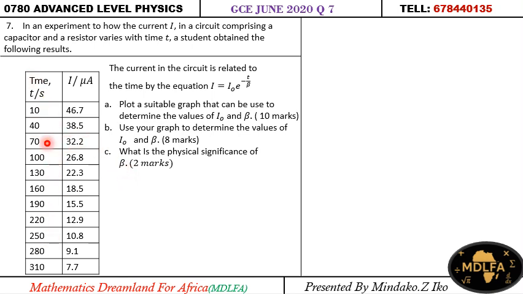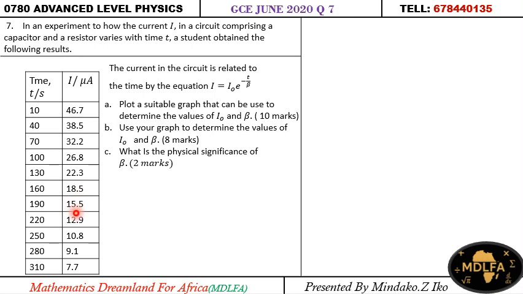These are the values given. This is the time value, and this is the current value. In the A level they mostly give the raw data, so you will be the one to get the processed data.